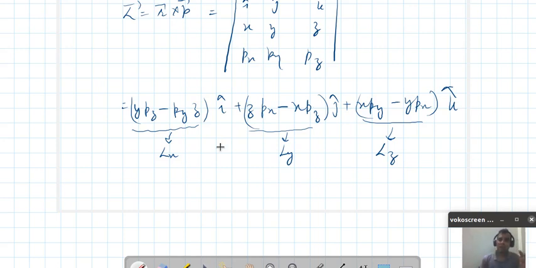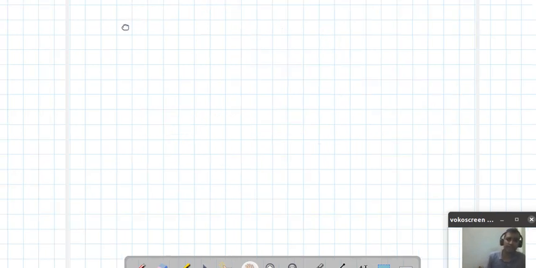Now I will talk about angular momentum, but keeping in mind quantum mechanics. So in quantum mechanics, we will talk in terms of operators. Operators play a very important role in quantum mechanics.